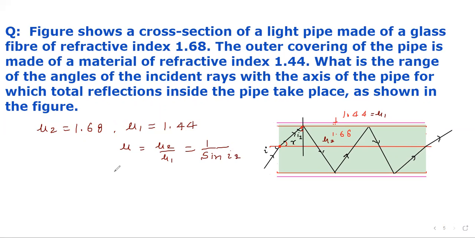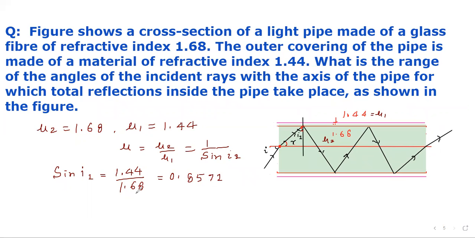Now, sine i1 equals mu2 upon mu1. So we can invert the value. So that will be equal to 1.44 divided by 1.68, which will be equal to 0.8571.